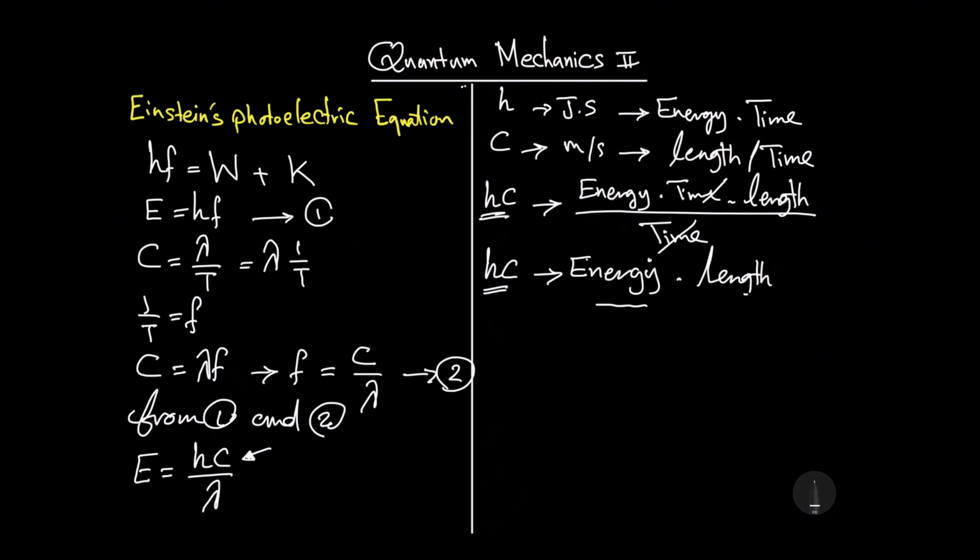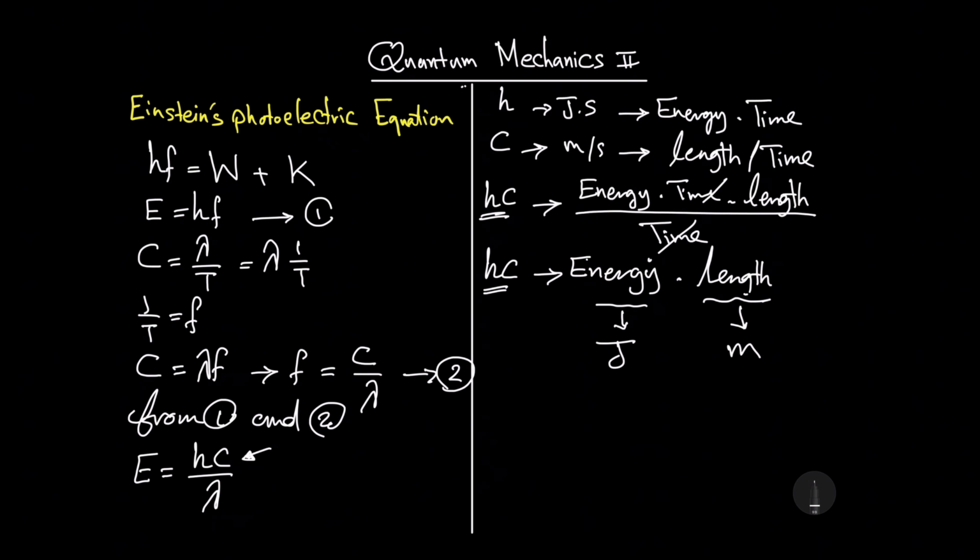We can express the energy in joule and the length in meter. But actually, joule and meter are not the practical units in the atomic world. So it will not be so convenient in all the calculations in the atomic world.